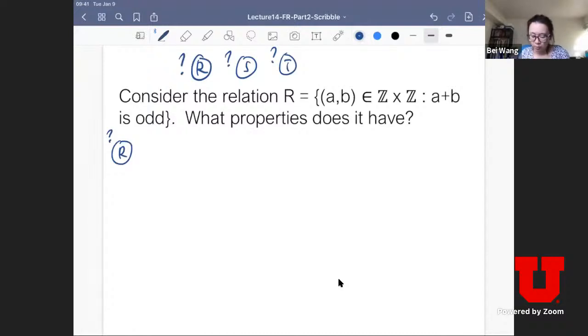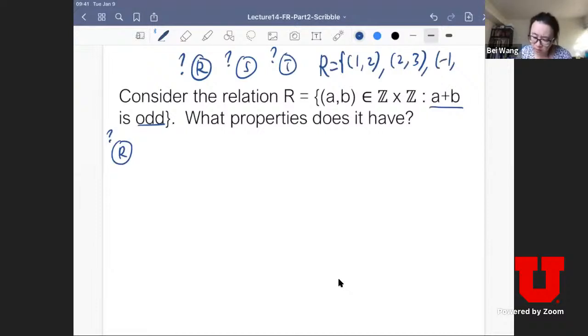Let's look at what possible elements I have. For example, (1, 2) is part of the relation because 1 plus 2 is odd. (1, 1) is not in the relation because 1 plus 1 is equal to 2, which is even. Maybe (2, 3) is in the relation because 2 plus 3 equals 5, that's odd.